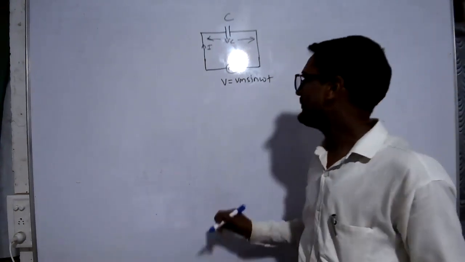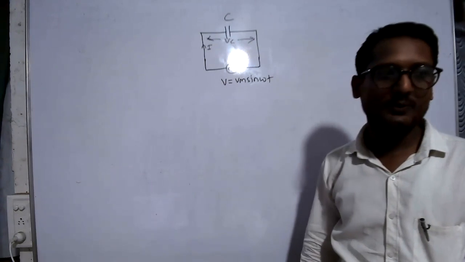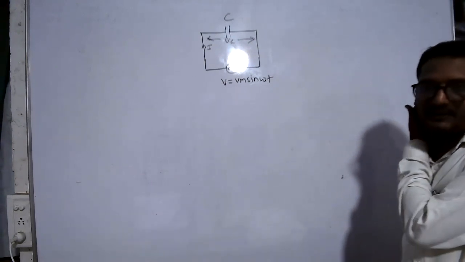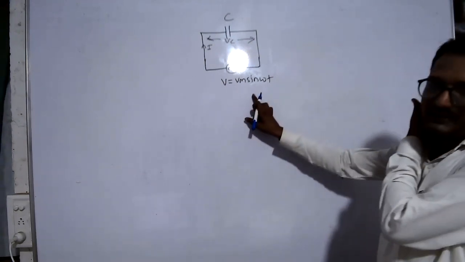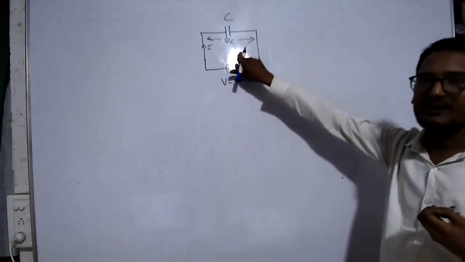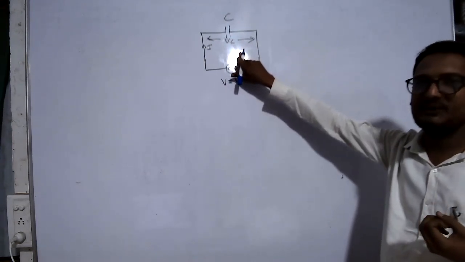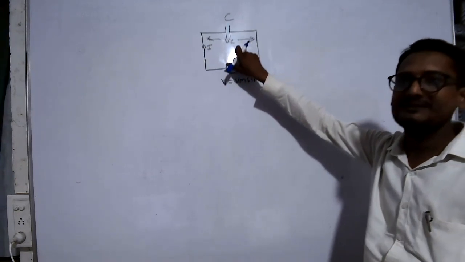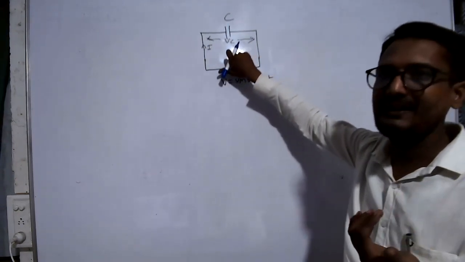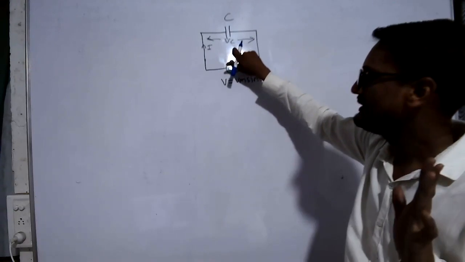Now, the voltage equation is V equals Vm sin omega t. For the current equation, we observe that when current flows through a pure capacitive circuit, the current always leads by 90 degrees.